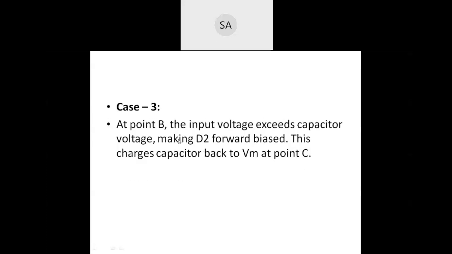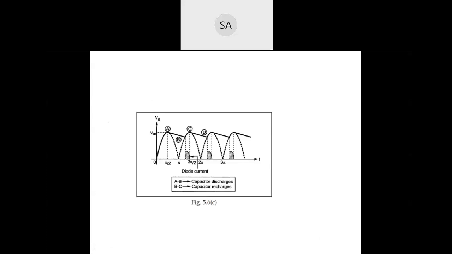Because the input voltage exceeds the capacitor voltage, making D2 forward biased. So the diode D2 becomes forward biased and the capacitor will be charged.